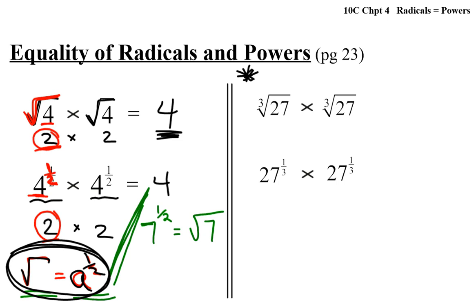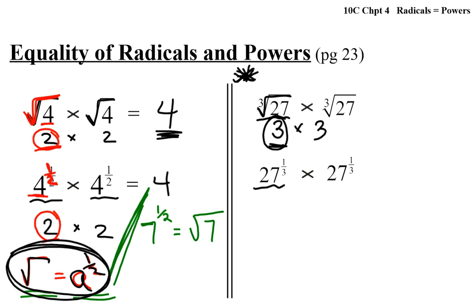Now, I've added, like I said, this piece. Does it work for cube roots? Well, cube root of 27, what do we multiply 3 times? 3 times 3 times 3. So cube root of 27 is 3. That's important. Well, what's 27 to the 1/3?